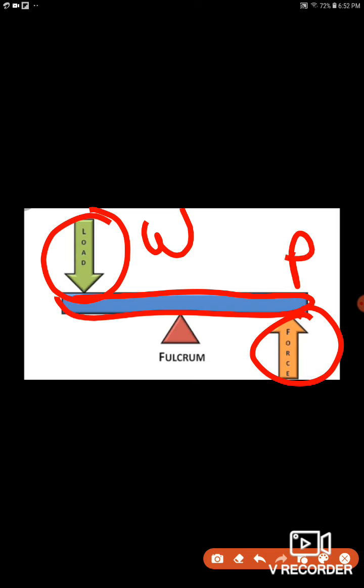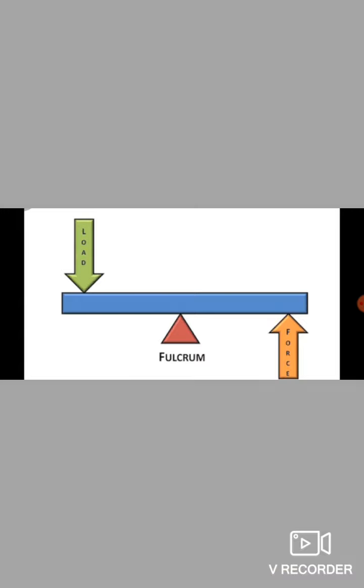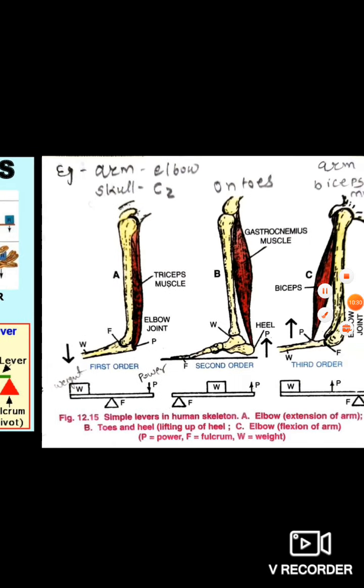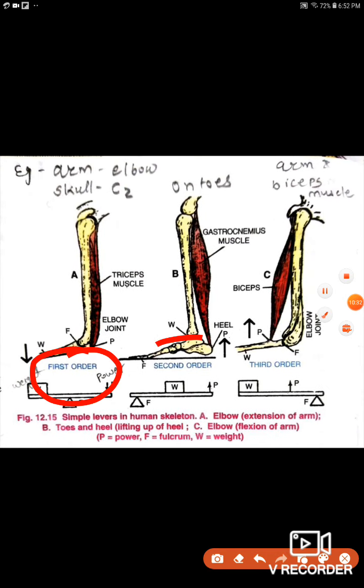Now you know what the fulcrum is, which balances this and this. Okay. Afterward we'll go to what we mean by the first order, second order or third order lever mechanisms.